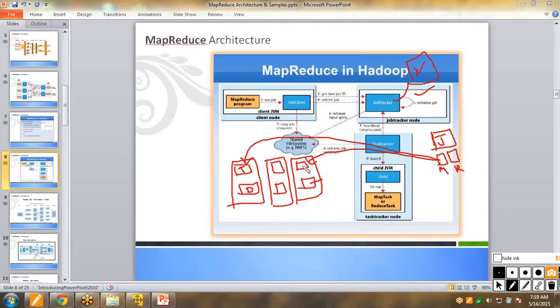Right? That's what I mentioned earlier as well. There are so many things in this one, but only the blue ones you write the code for. The rest is all automatic. That is the framework characteristic. So the splitting is automatic. In the mapper code, what you write is you split the line using space.